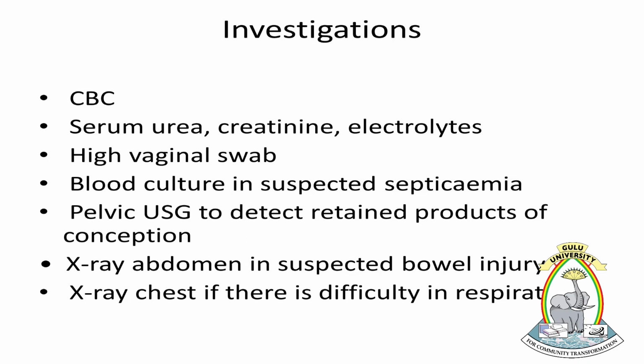You may need to do a high vaginal swab to see what kind of organisms are involved in this infection. A blood culture would help you rule out septicemia. A transvaginal or pelvic scan to detect retained product of conception is very important. If you suspect a bowel injury due to perforation related to abortion treatment, you may need to do an abdominal X-ray.